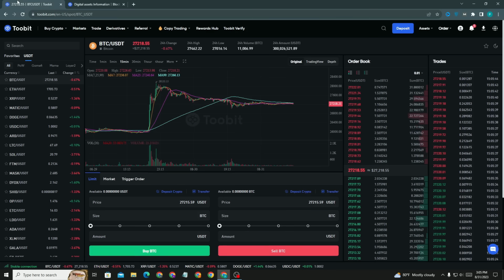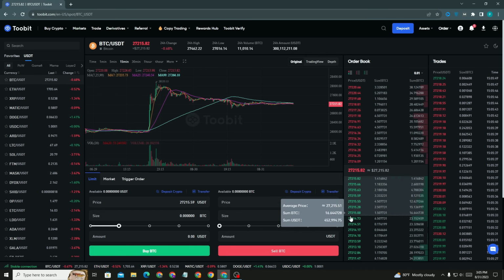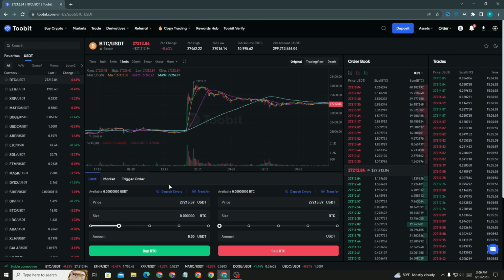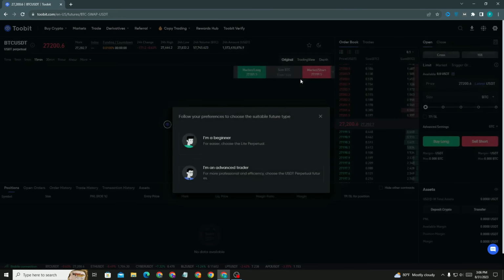Here you can see the chart also, with 24 hours of data. You can see BTC, ETH and many more cryptocurrencies. If you have some amount of Bitcoin or anything else, you can sell it if you think you are making a good profit, and if you have a good margin and good volume, then you can buy or sell.